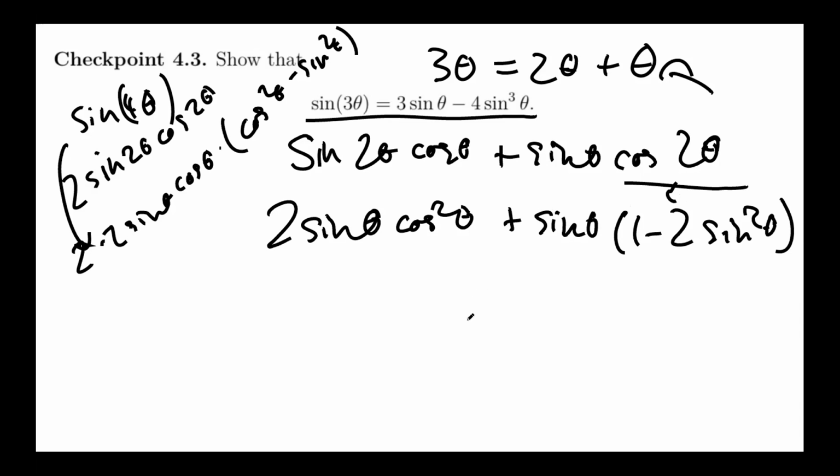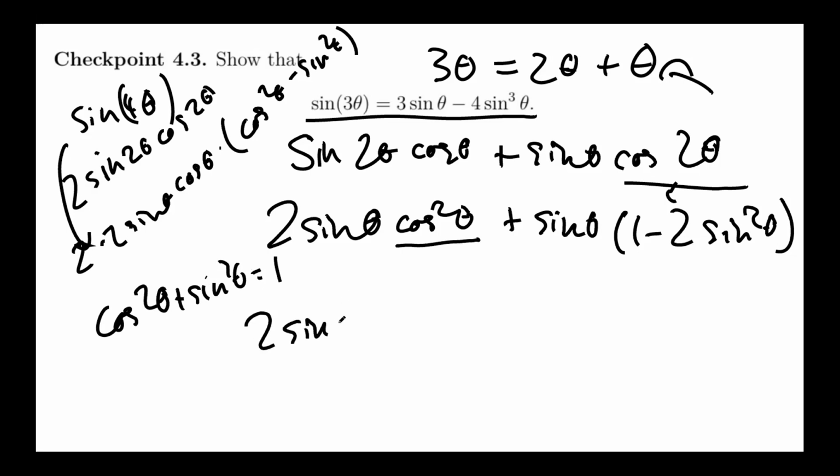Let's see what else. Okay, and we have this cosine squared that we want to get rid of. So we come back to the Pythagorean identity and we replace it. We solve for cosine squared theta, and that gives us 1 minus sine squared theta.